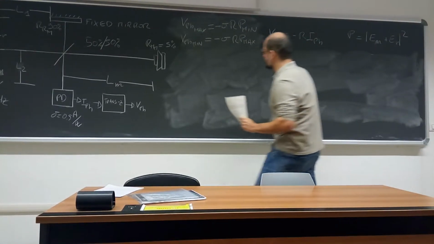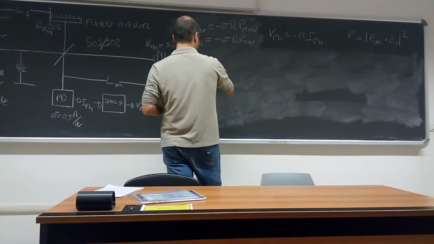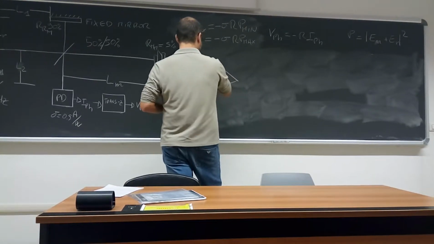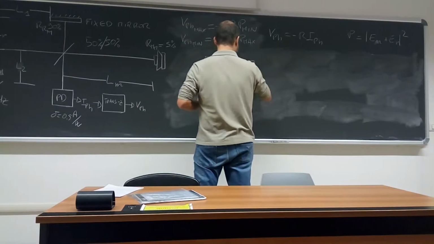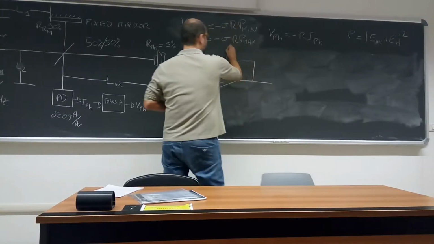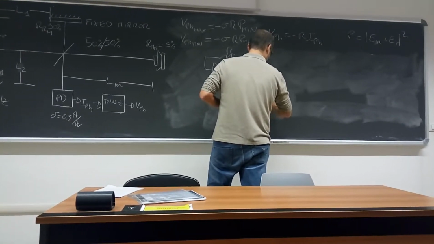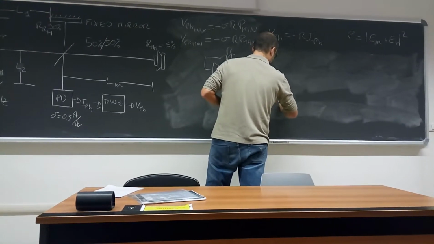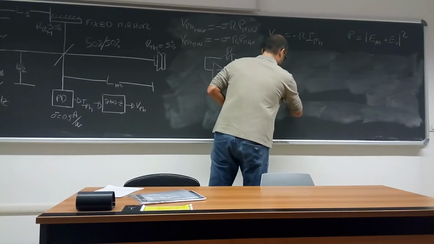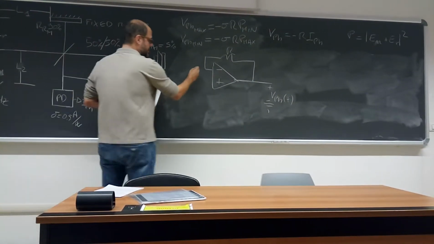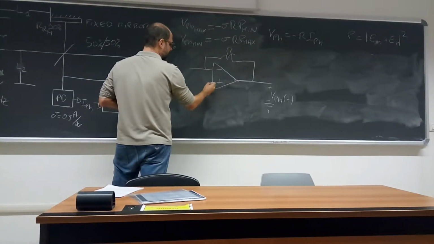You can also use this simple configuration. You have, again, of course, the operational amplifier, and then, of course, again, the feedback resistance. Here you are measuring the photodetected voltage, okay? But you put the photodetector in a short circuit.